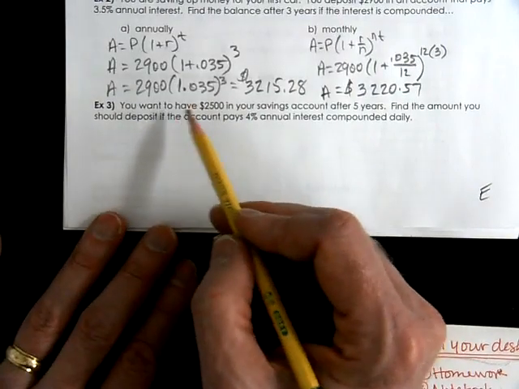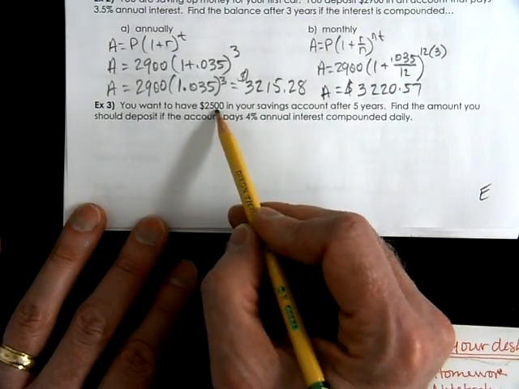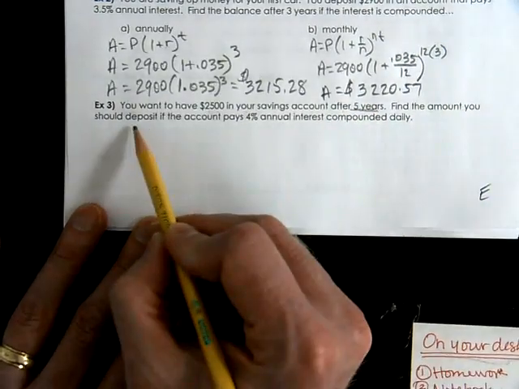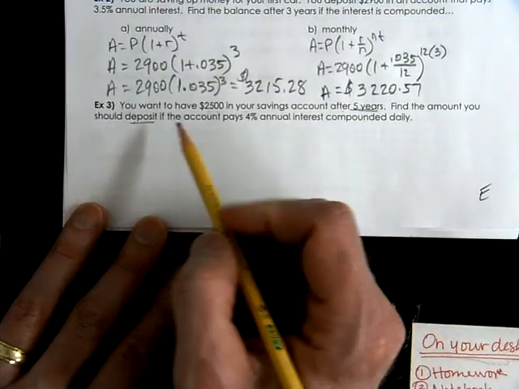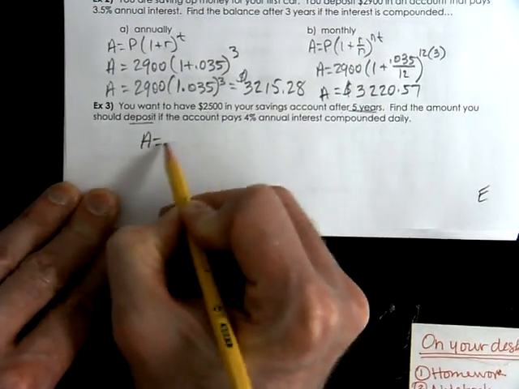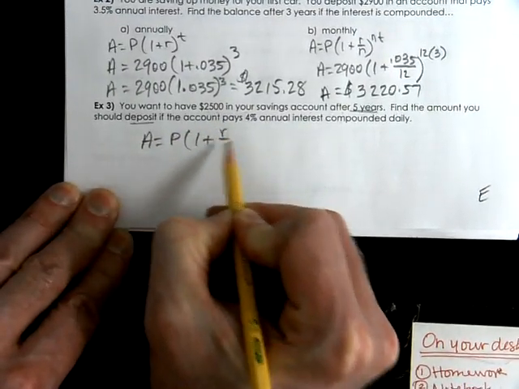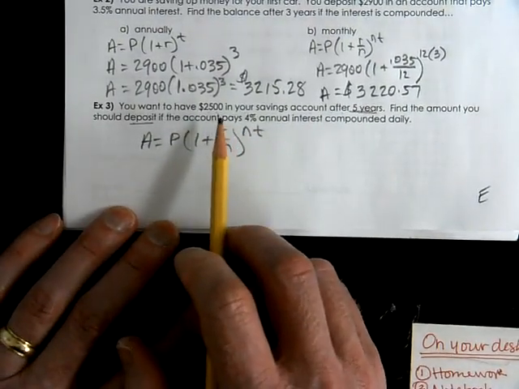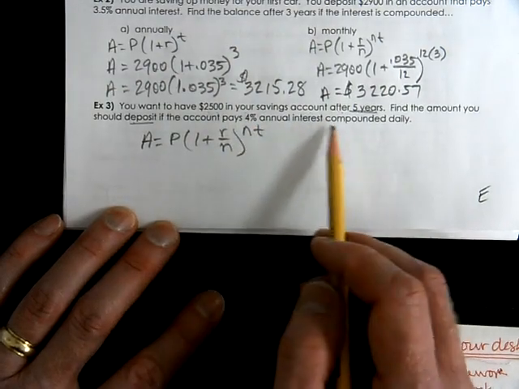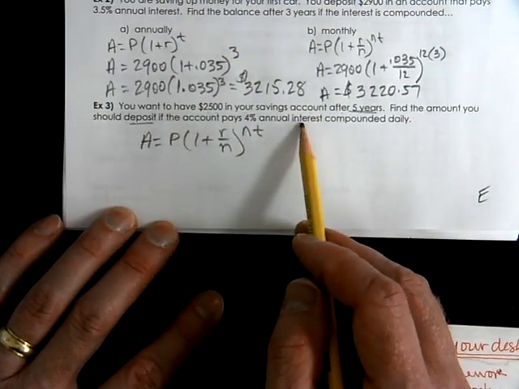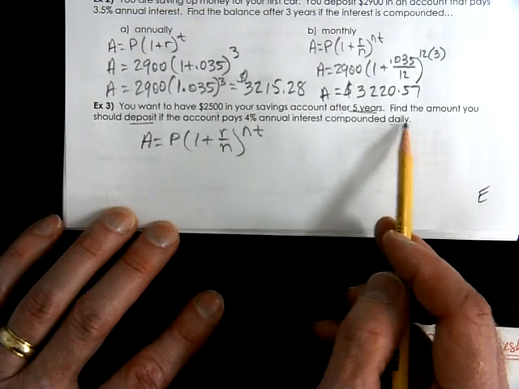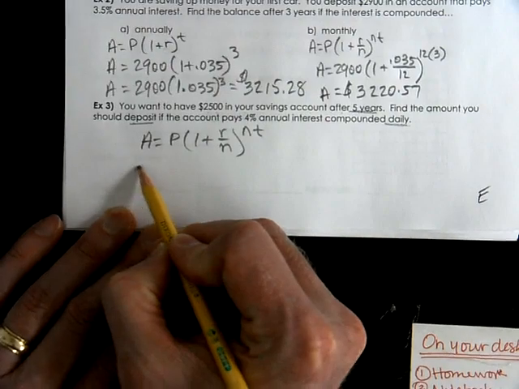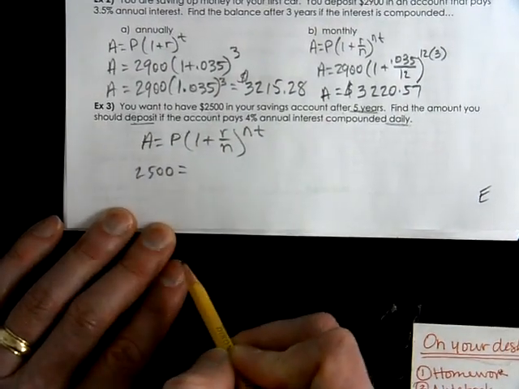All right, in this situation, we want to have $2,500 in the savings account after 5 years. Find the amount that you deposit. What are you going to start with? A equals P(1 + r/n)^(nt). What are we going to start with if we have 4% with an interest rate that's compounded daily? What's daily mean? So we want $2,500 in our account.